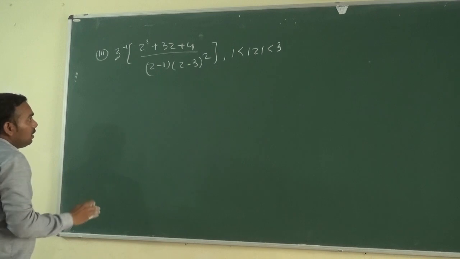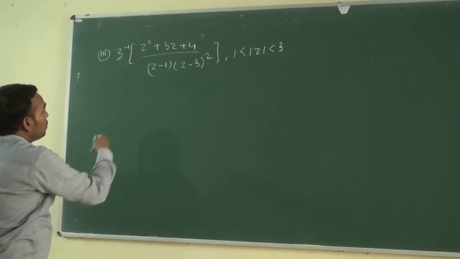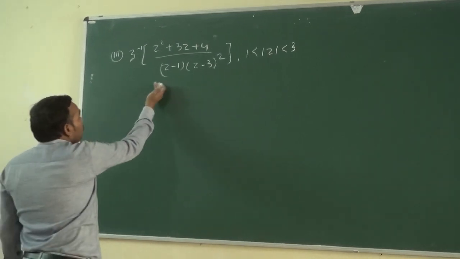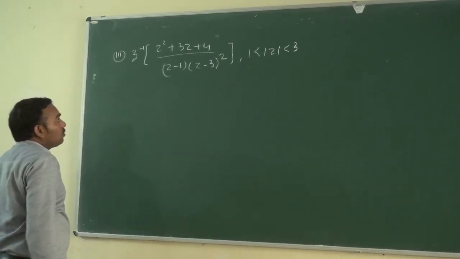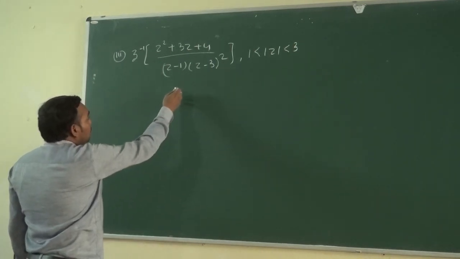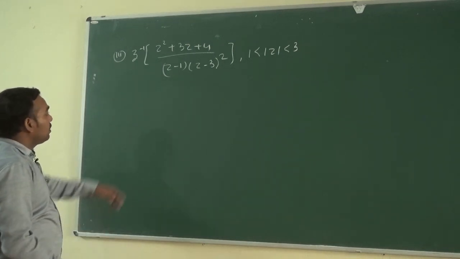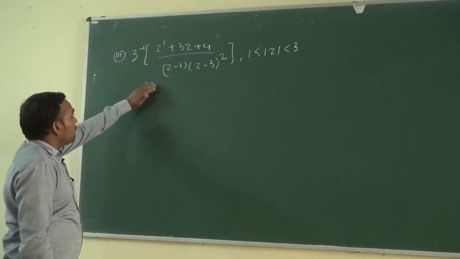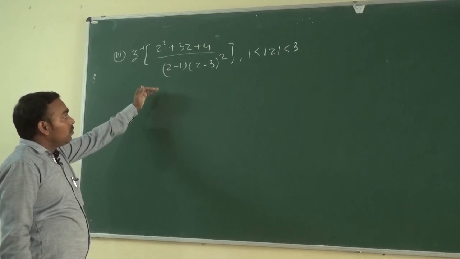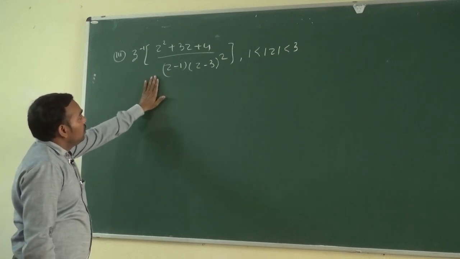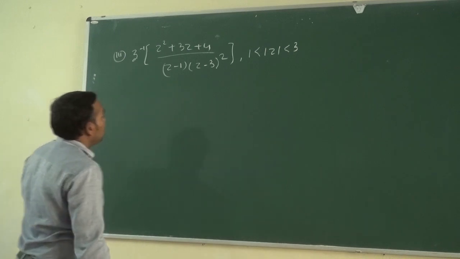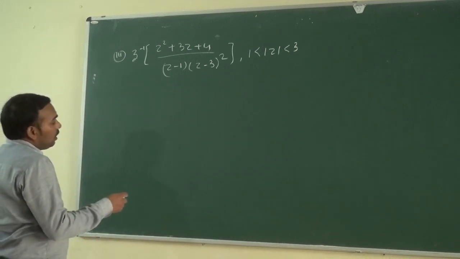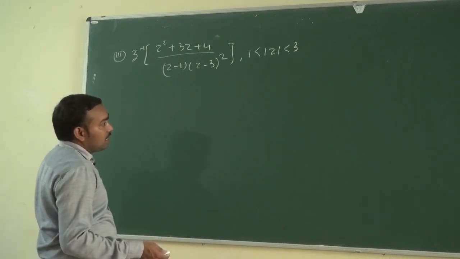Before finding the inverse of z, first convert into partial fractions. Here I want to write the partial fraction directly; I am not deriving how to find the partial fraction, as I already did that in previous lectures.